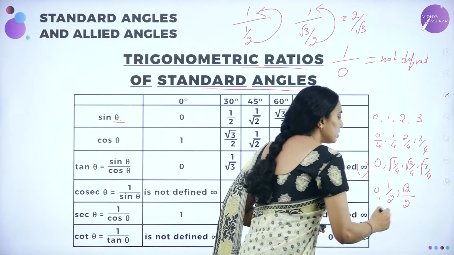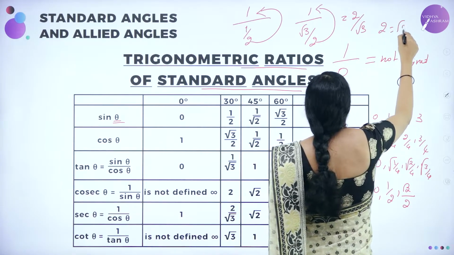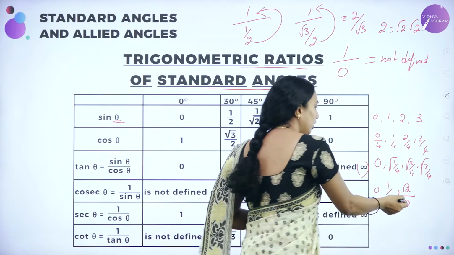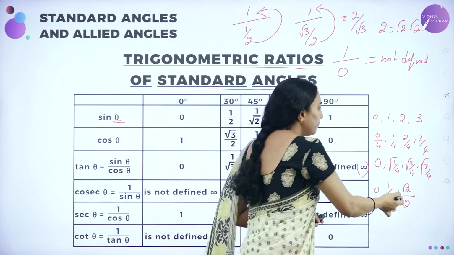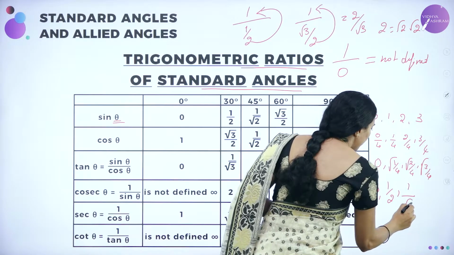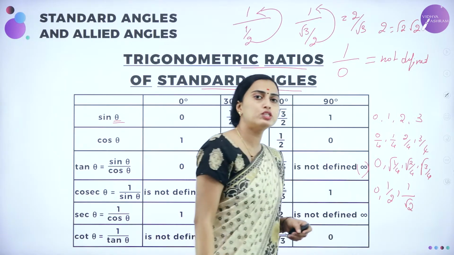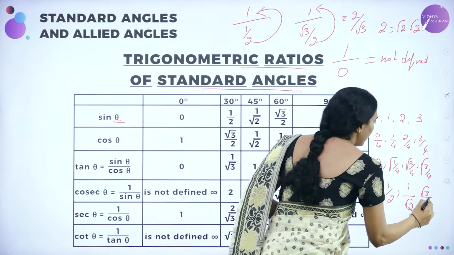So 2 can be written as root 2 into root 2. Therefore, in the denominator writing root 2 into root 2, one root 2 will get cancelled. Remaining is nothing but 1 by root 2. So root 2 by 4 is 1 by root 2. Again, root 3 by 4 is root 3 divided by root 4, which is 2.